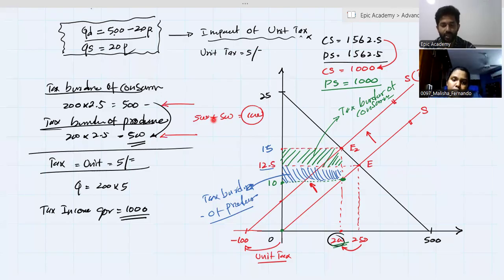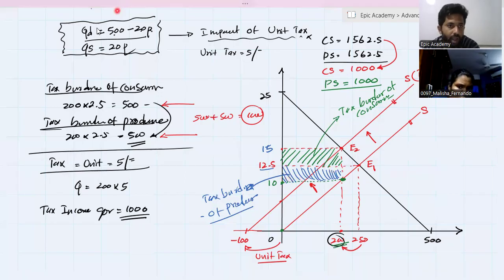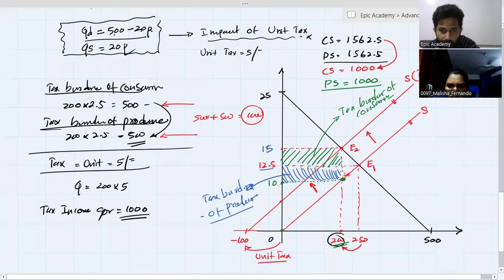Another important thing. Look at the screen very clearly. This area, 12.5, E1, 0, was the consumer surplus. But after enforcing the tax, that becomes the tax burden of the producer. So what happened to this area? What happened to this amount?